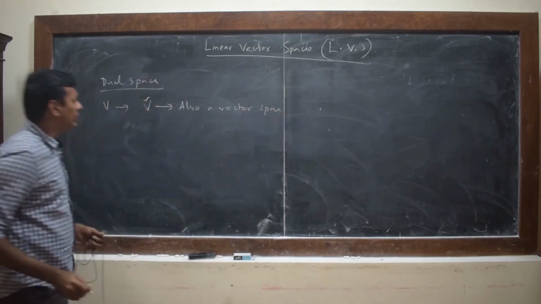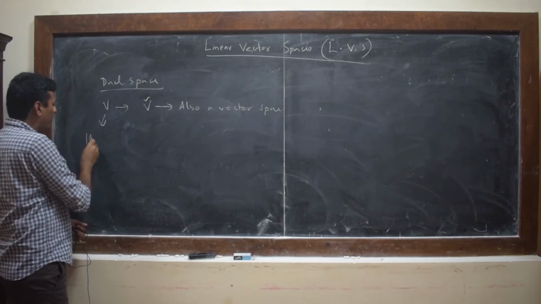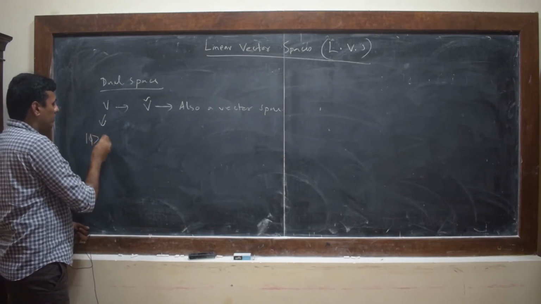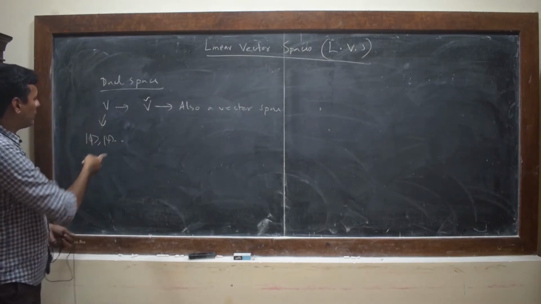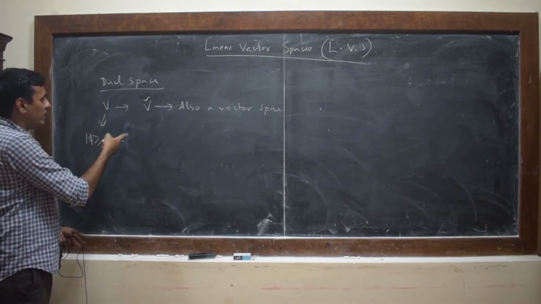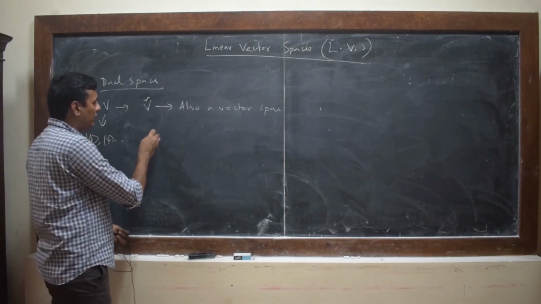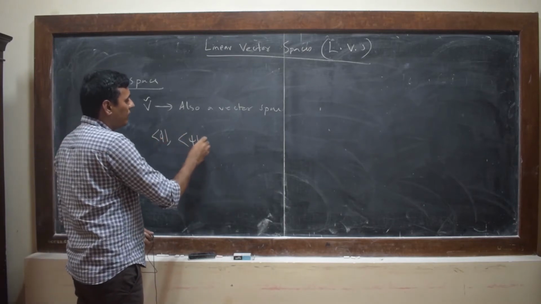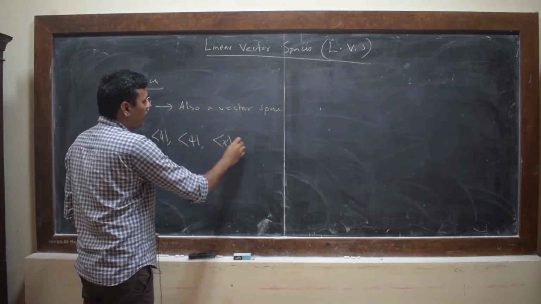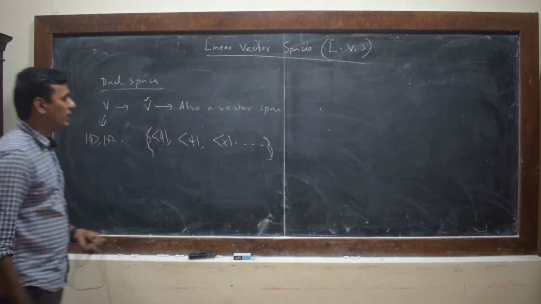But the difference is that whose members, we know the ket vectors are phi, psi, etc. in the vector space V. Over here, the members will be bra vectors, phi, psi, chi, etc. These are the members of the dual space.